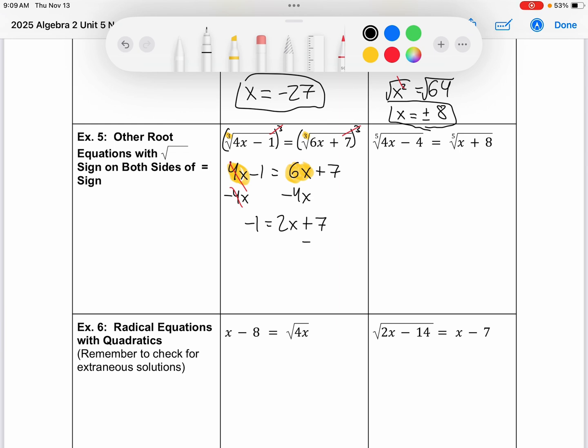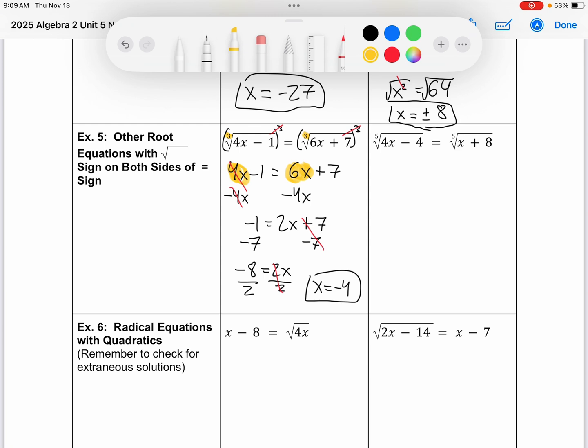Then we would subtract 7 from both sides in order to cancel out with the plus 7, giving me negative 1 minus 7 is negative 8 equals 2x. And then we can divide by 2 to eliminate the 2 in front of the x, giving me x equals negative 4.